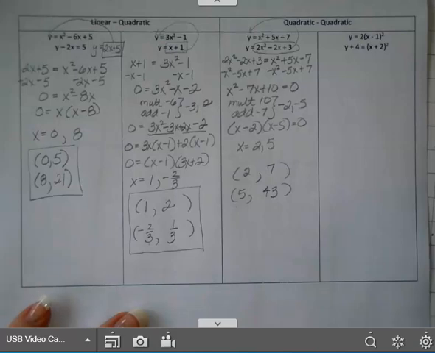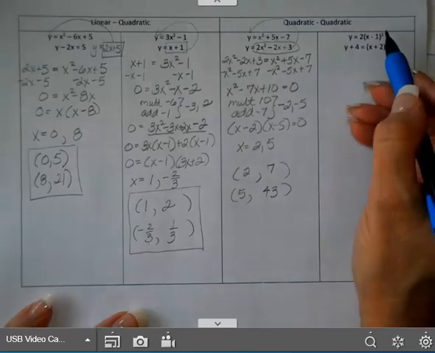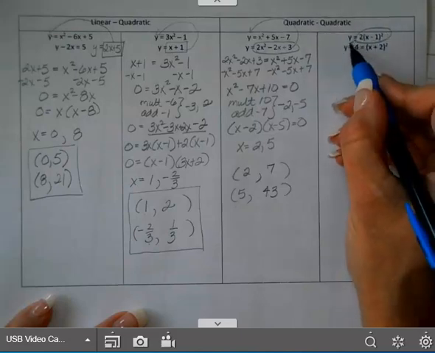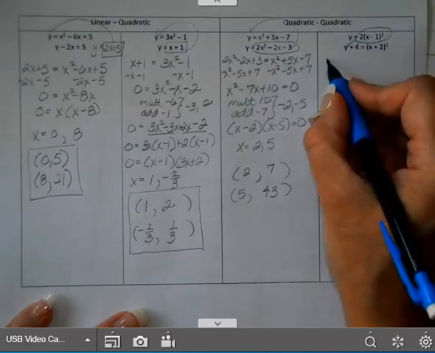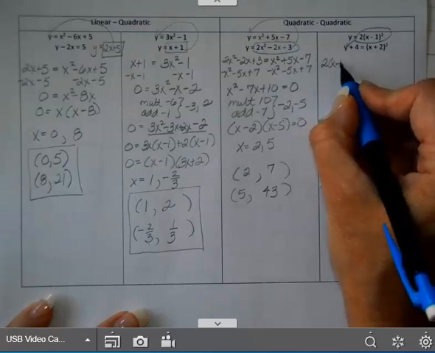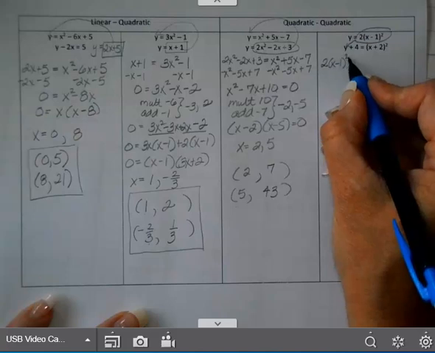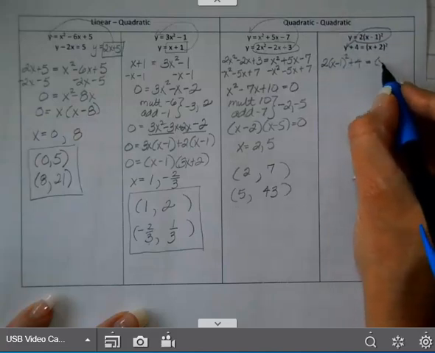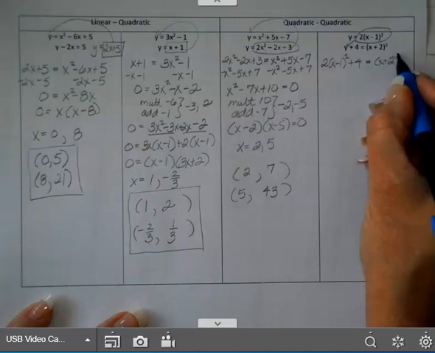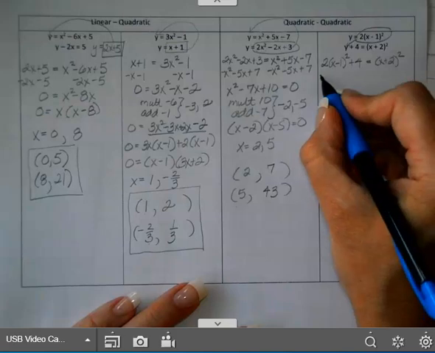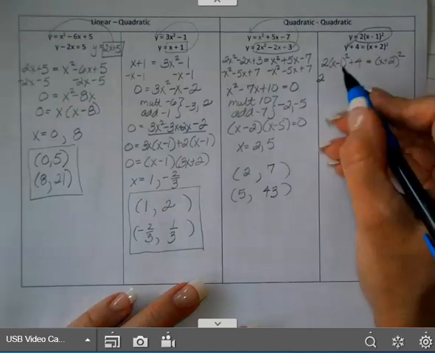Last example. I have y by itself here, so I'm going to substitute that in for this y here. So I have 2 times (x minus 1) squared plus 4, and that's equal to (x plus 2) squared. This one's kind of ugly.